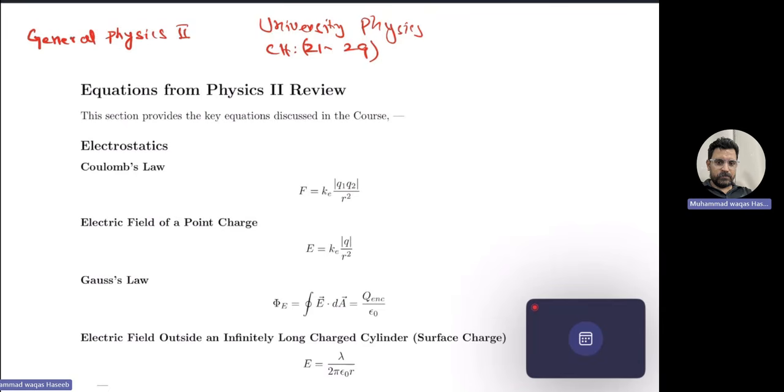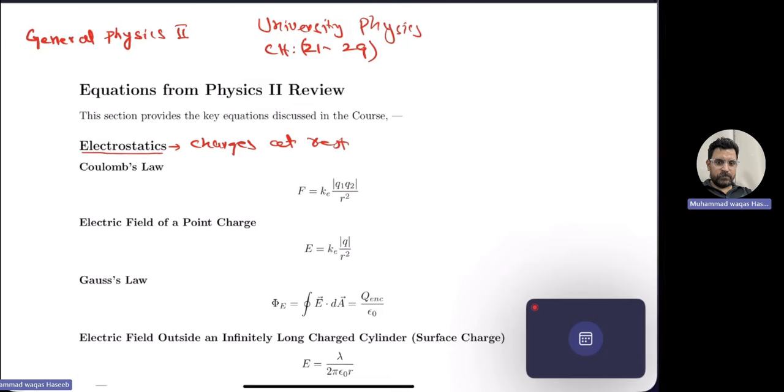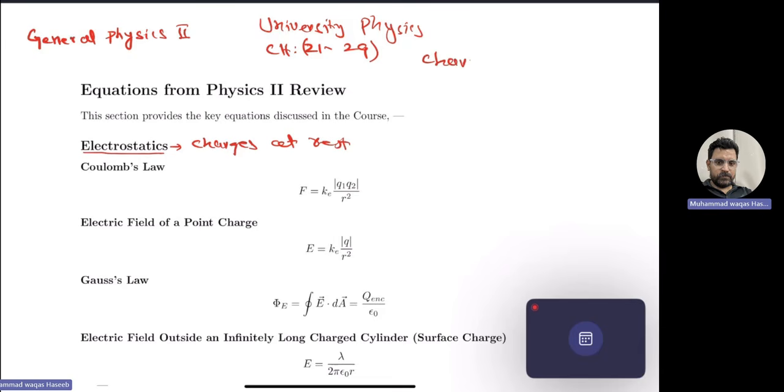So, the first concept we learn in this course is electrostatics, which means charges at rest. So, what is charge? Charge is a fundamental entity of nature.